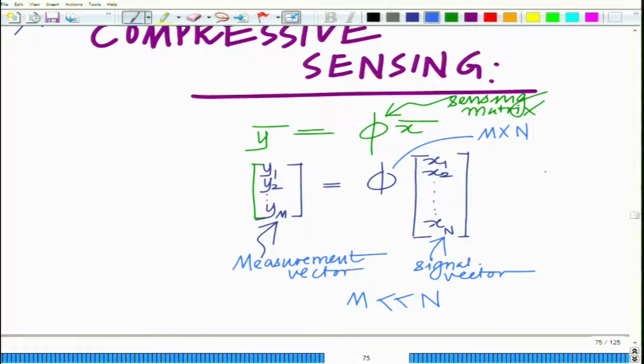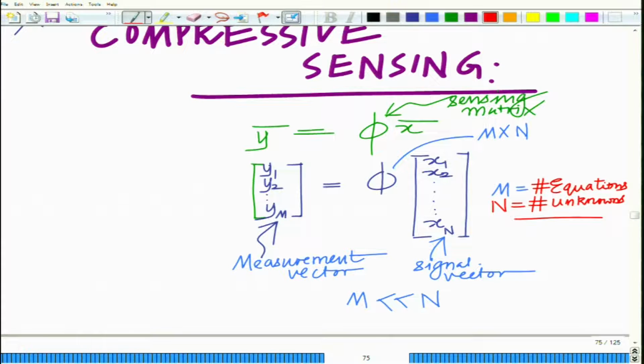Now, if you view this as a system of equations, then we have m as the number of equations and n equals the number of unknowns. So, our number of equations is significantly lower than the number of unknowns.